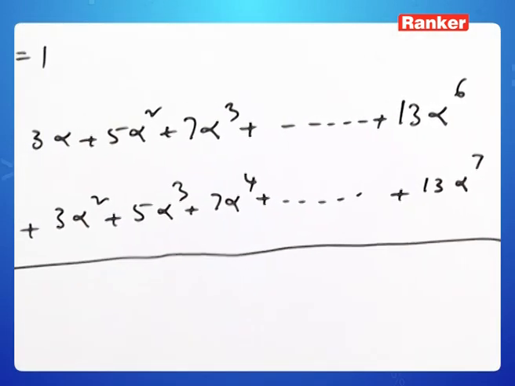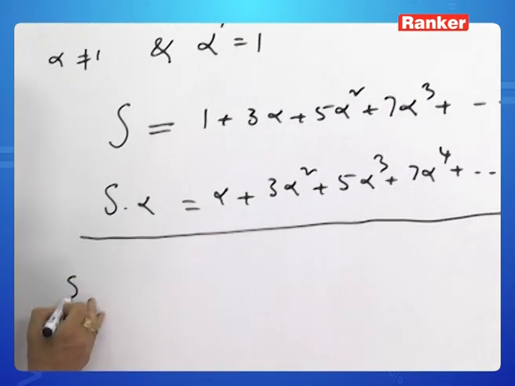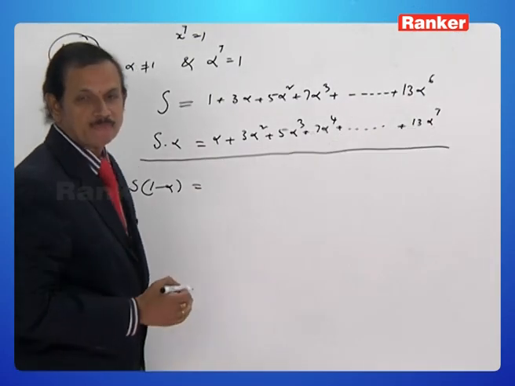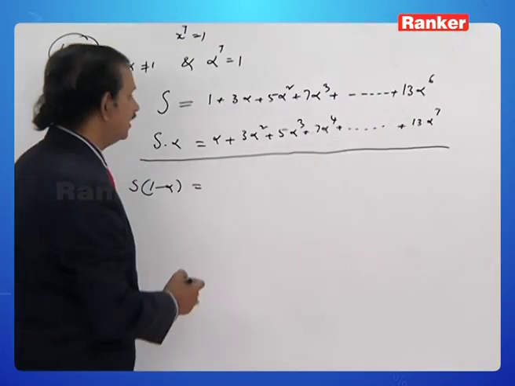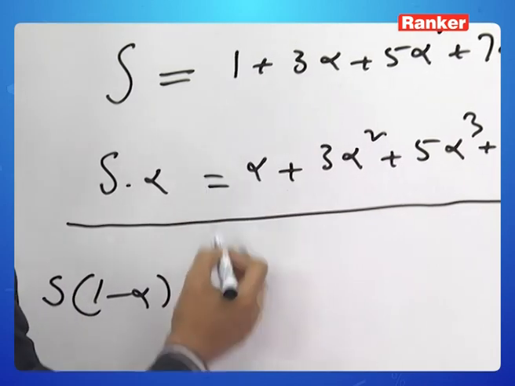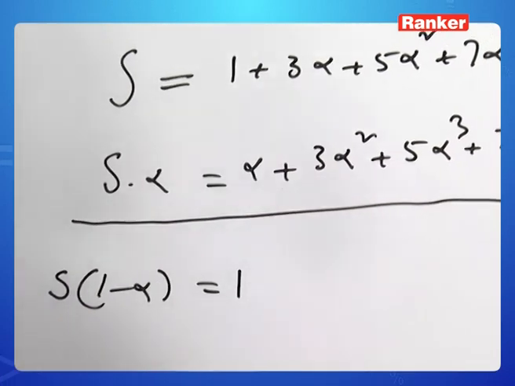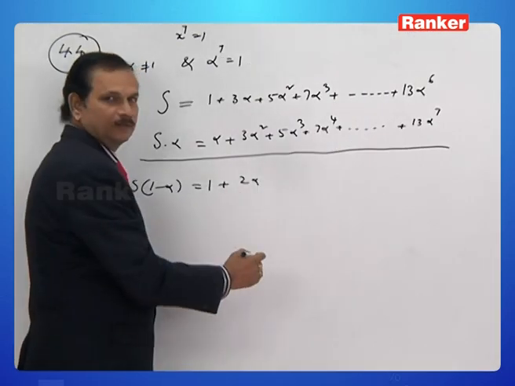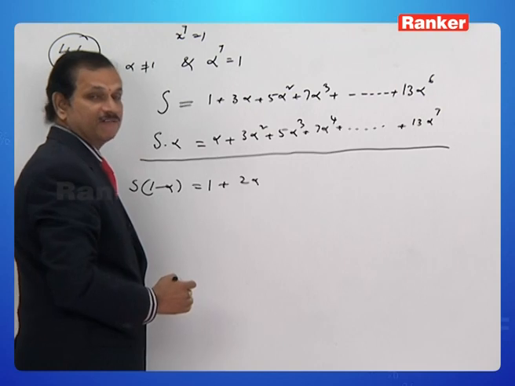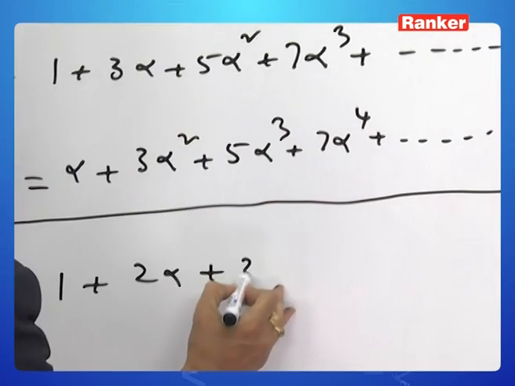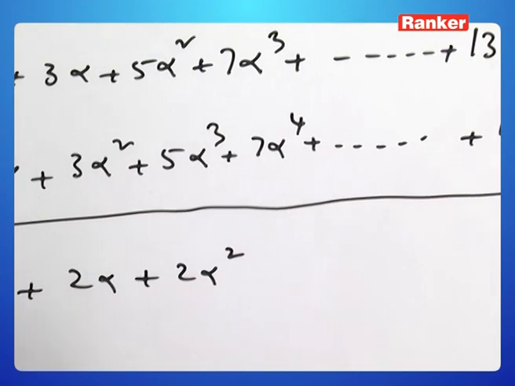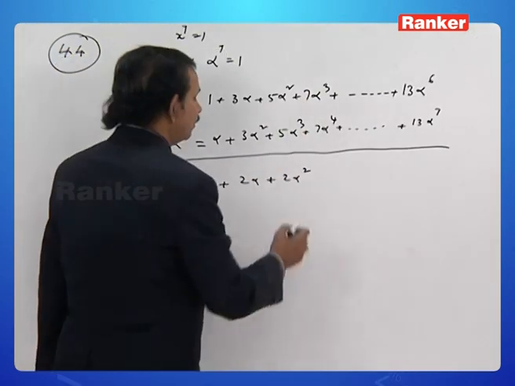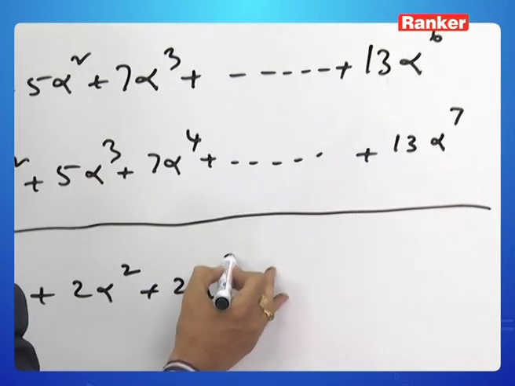Let me now just subtract. What is S minus S alpha? S into 1 minus alpha. 1, no more constant is here, 1. 3 alpha minus alpha, 5 alpha square minus 3 alpha square, 2 alpha square. 7 alpha cube minus 5 alpha cube, 2 alpha cube.